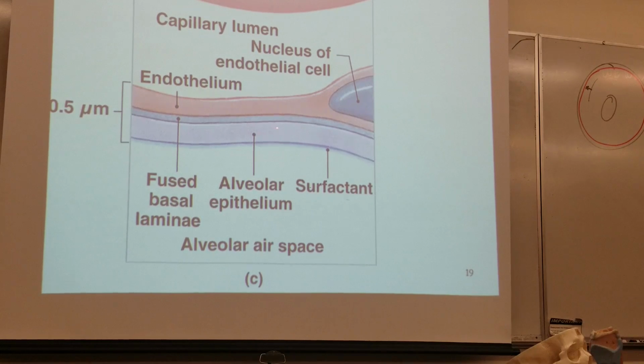I then have to pass through the other cell membrane on the other side of that same cell, pass through some connective tissue, pass through another cell membrane of the endothelium that makes the capillary I want to get into, through the cytoplasm of that simple squamous cell, through another cell membrane, into the plasma of my blood, through another cell membrane of my red blood cell, where I actually bind to a hemoglobin molecule. So you've got to pass through 1, 2, 3, 4, 5 cell membranes, and 1, 2, 3, 4 liquid layers.